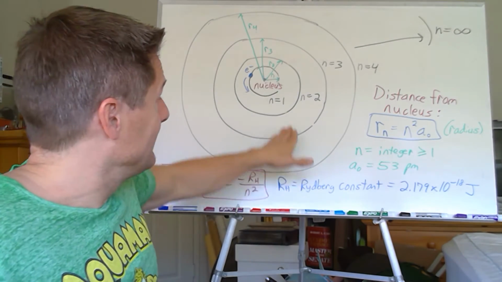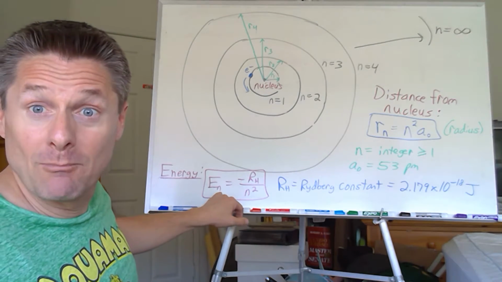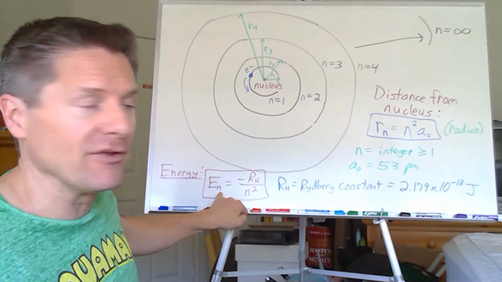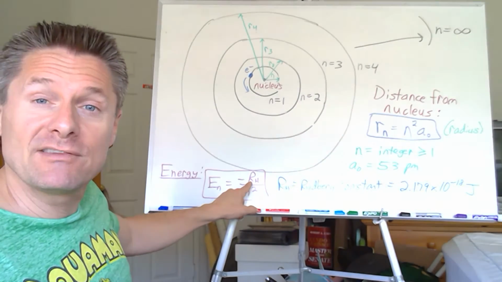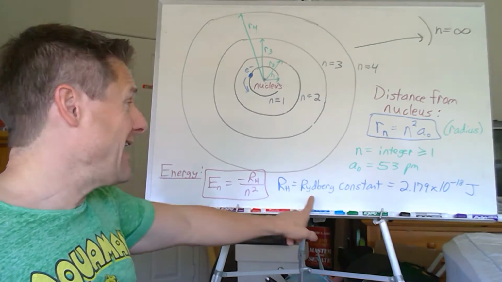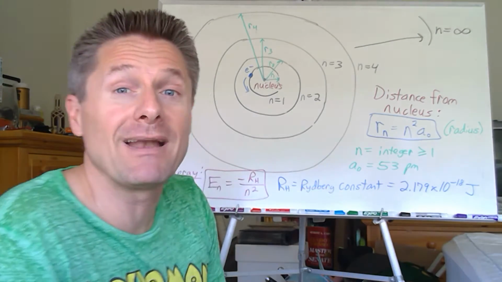Well, since the distance relates to the energy, right, he found that the energy at some principal quantum number, 1, 2, 3, 4, 5, you can't have 0, that'd be in the nucleus, right, is a negative some constant, capital R sub capital H, over the principal quantum number squared. And that R_H is called the Rydberg constant, which is 2.179 times 10 to the minus 18th joules.